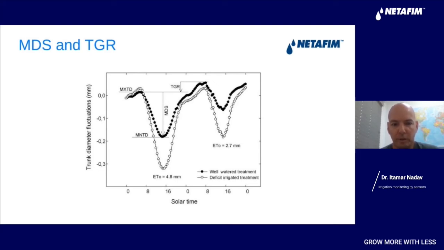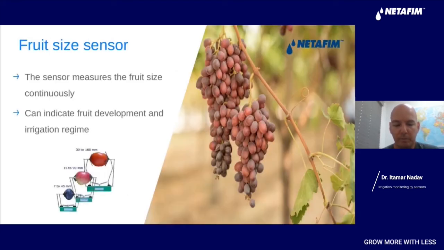And the second one is the growth rate between 2 days. And you can see that if the water status of the plant is good, we can get higher growth rate between different dates. And that means that the plant is developing well.